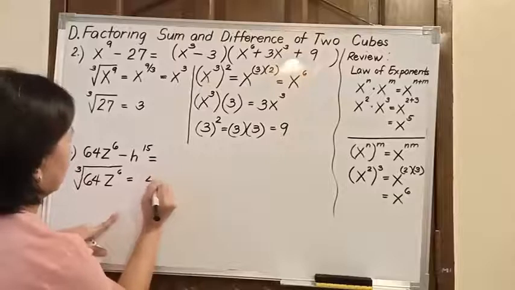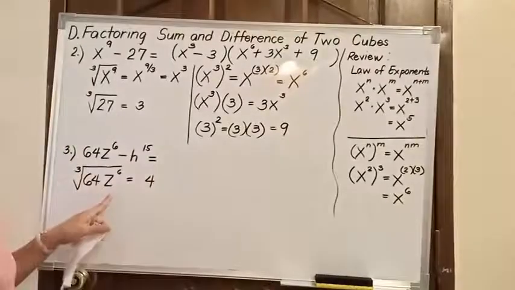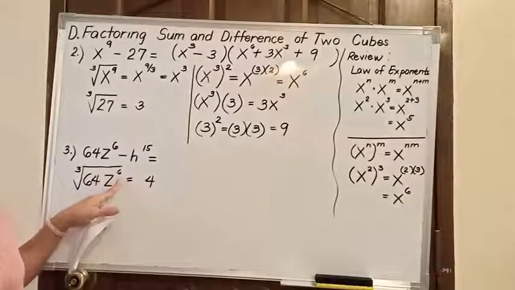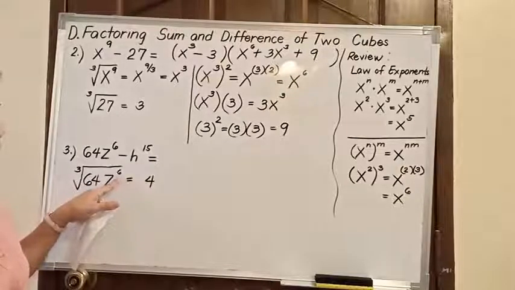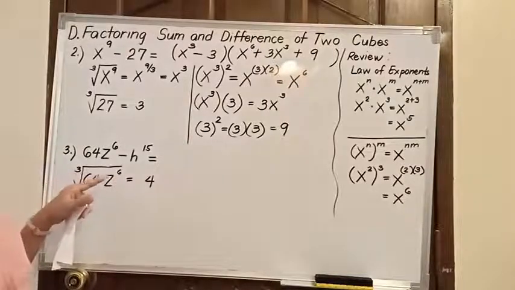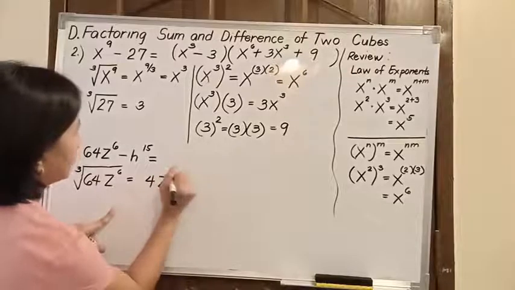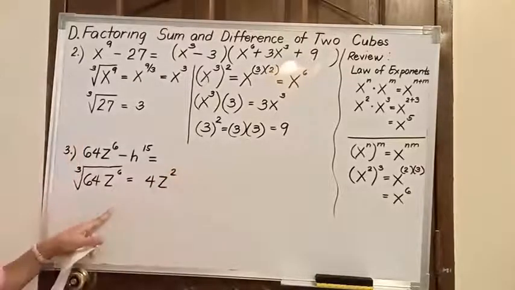Okay. 4 times 4, 16, times 4, 64. How about z to the 6th power? Divide 6 by the index. 6 divided by 3 is 2. Therefore, we have z raised to the 2nd power.